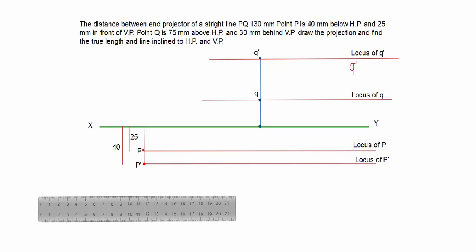Similarly, on this locus there is one Q point, which is a plan point, and second is the endpoint of true length in the top view where your line is inclined to VP, it is Q2. Now how to get?